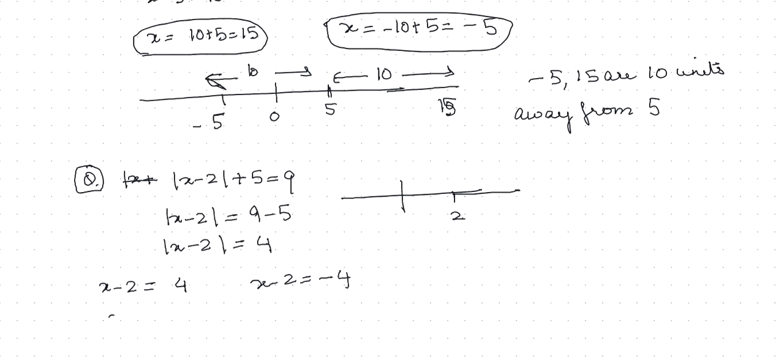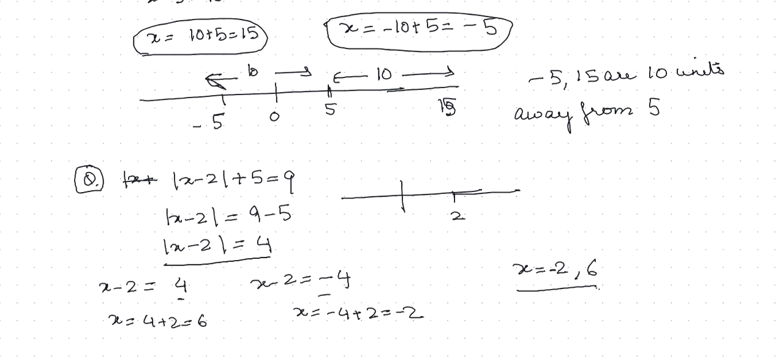So this will become 4 plus 2 is 6 and this is negative 4 plus 2 is negative 2. Okay, one will be positive and one will be negative. So this will give you x is equal to negative 2 and 6. So these are the two numbers which are 4 units away from 2.